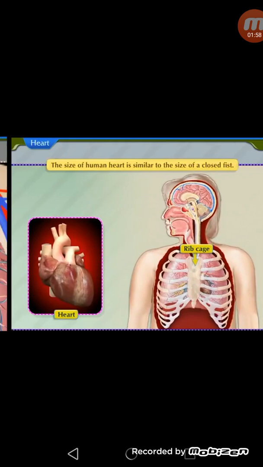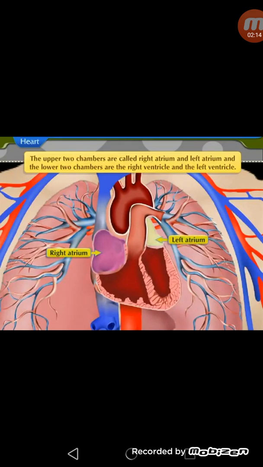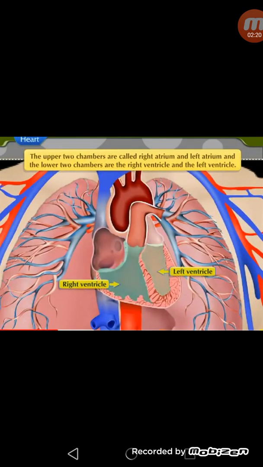to a closed fist. The human heart internally shows four chambers which are indicated as 1, 2, 3 and 4. It means we can say the human heart consists of four room-like structures, or four chambers are present in the human heart. The upper two chambers are called right atrium and left atrium, and the lower two chambers are called right ventricle and left ventricle.